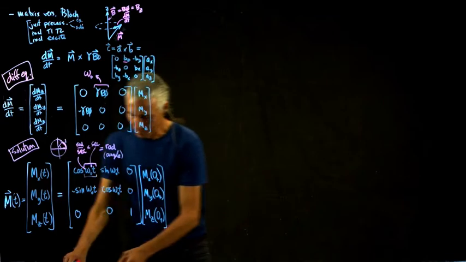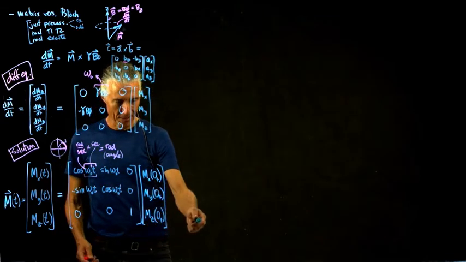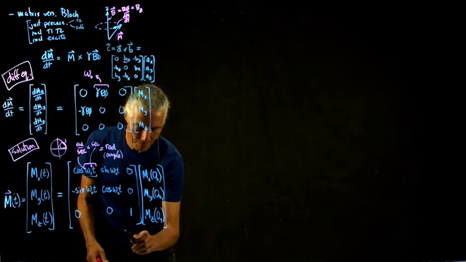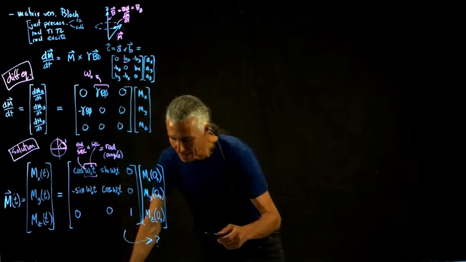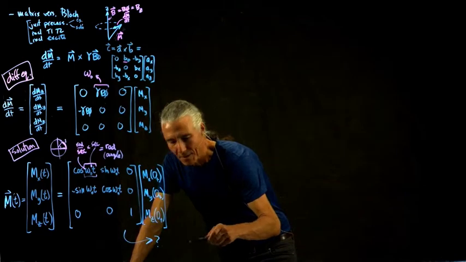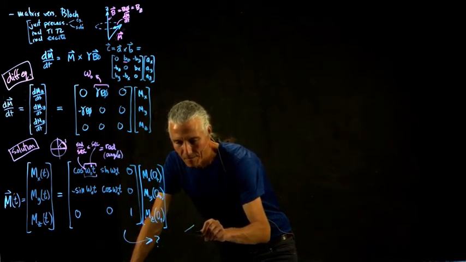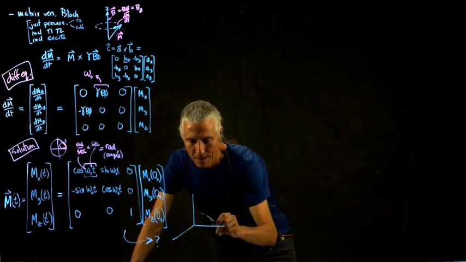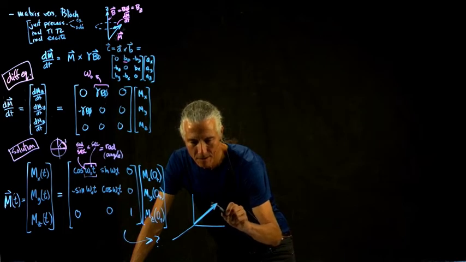Let me see what space I've got available to me. I'll do it down here. So what is this doing? You can think of it as, you've got some coordinate system here, and we've got our initial magnetization vector here.